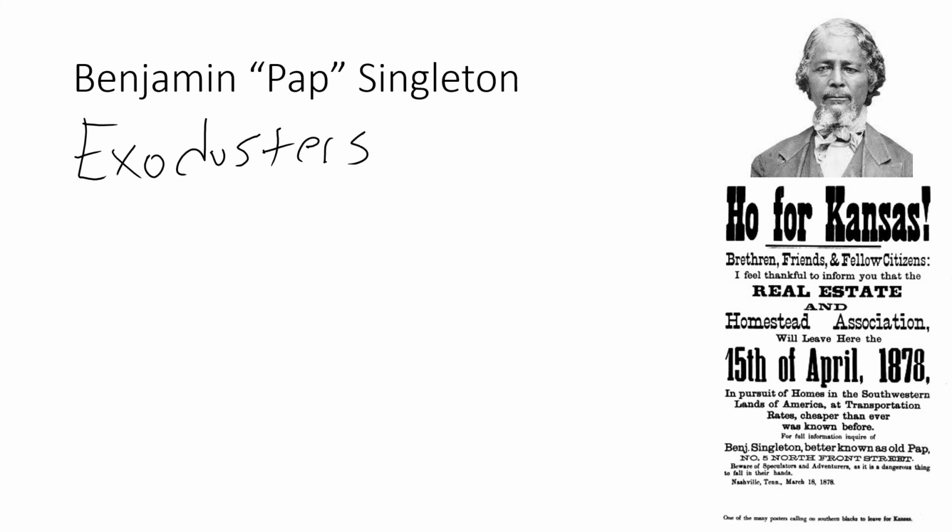All right, if you're trying to think of an easier way to remember what these people are, the root word of this word right here is Exodus. And an exodus is when you leave somewhere. Like when the bell rings, you exodus the classroom. If you've ever read the book of the Bible, Exodus, it's a story about how the Israelites are exodusing, how they're leaving Egypt for the Promised Land.